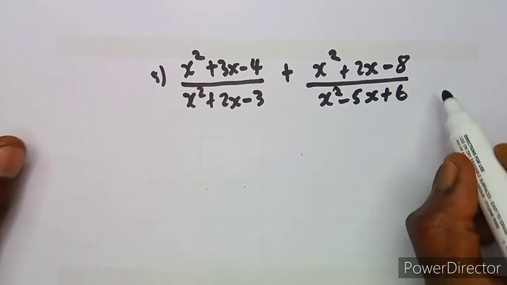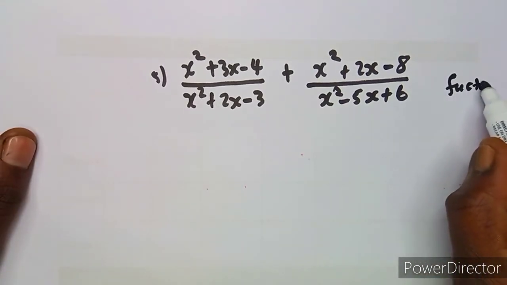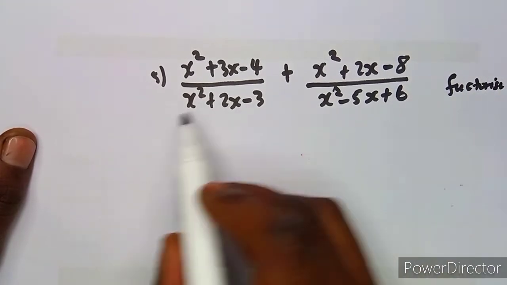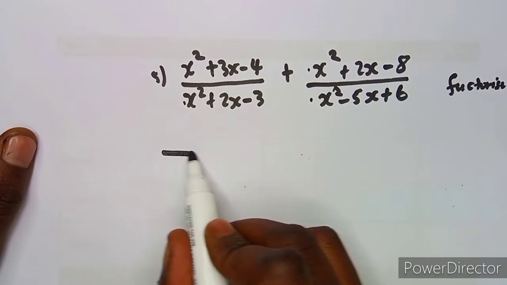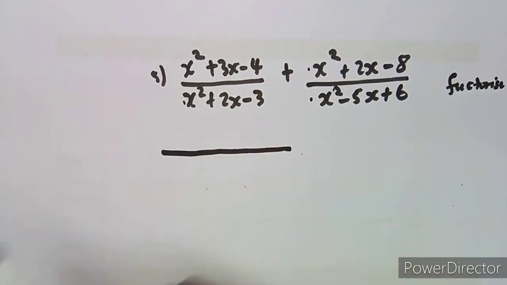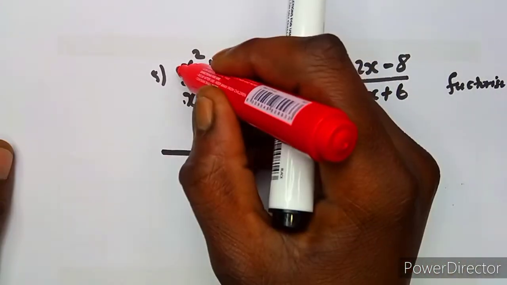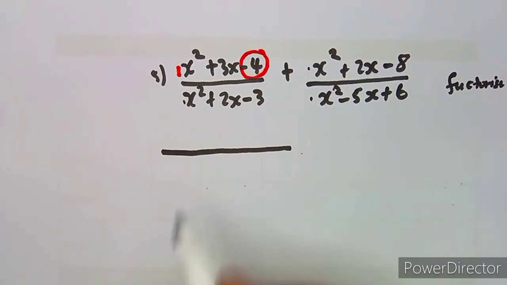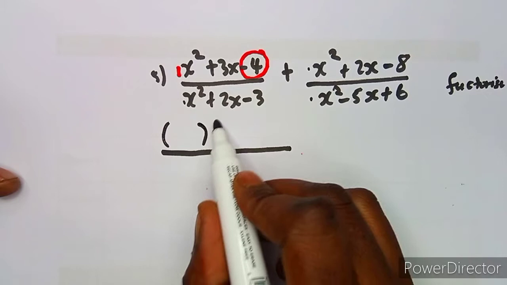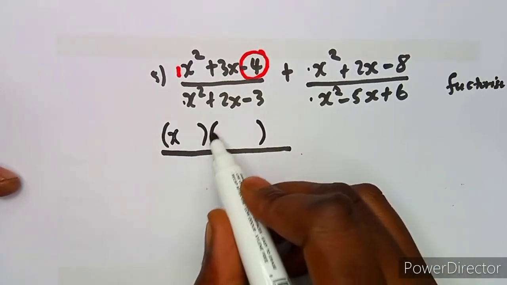So the first thing is actually to factorize, and this part is easier. Why? Because the coefficient of x squared is 1. Remember, when the coefficient of x squared is 1 like this, we are going to focus on the constant term, which is minus 4. You've got 2 brackets here. You just put your x and your x.